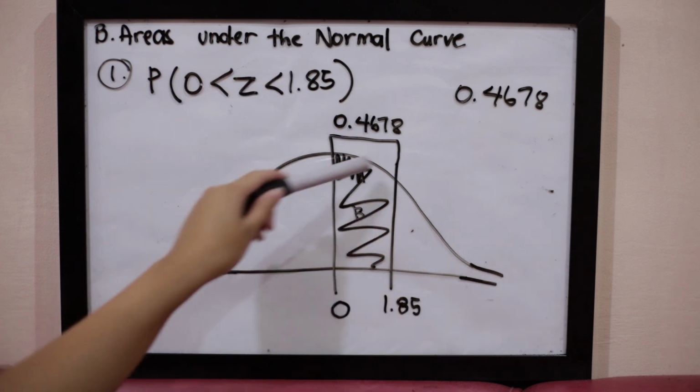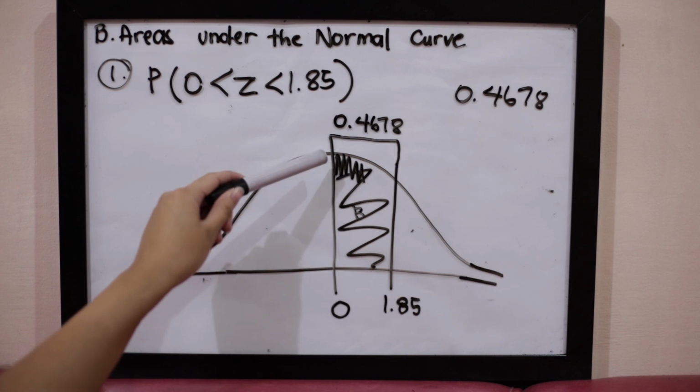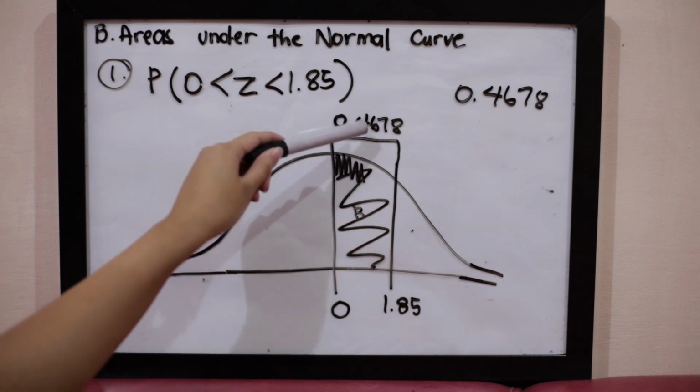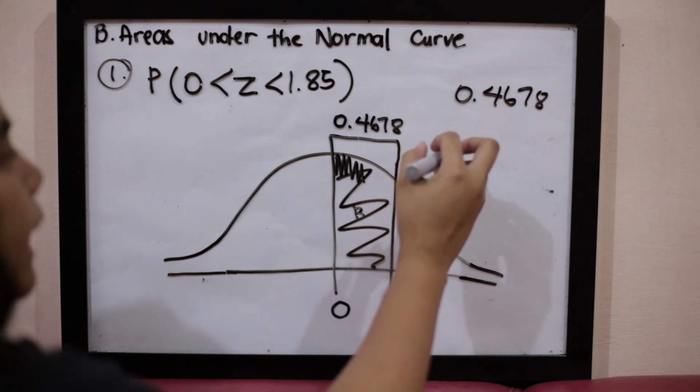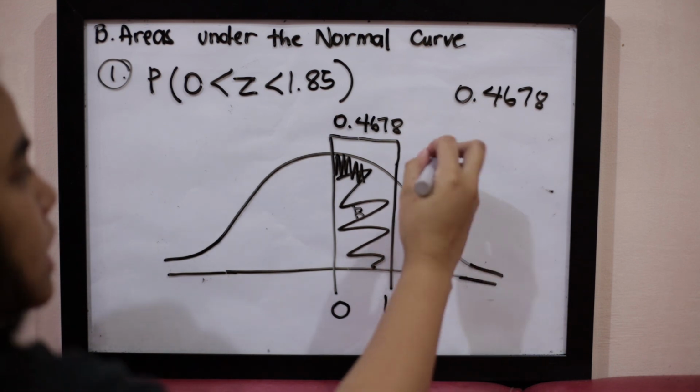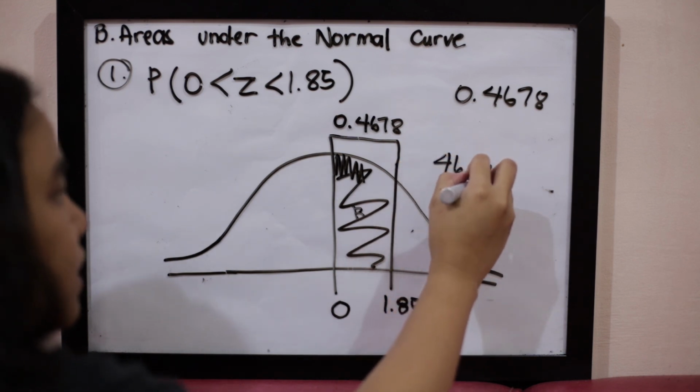That's why, ang final answer natin or yung area nung shaded region natin is the same as this one, which is 0.4678, or in percentage, this is 46.78%.